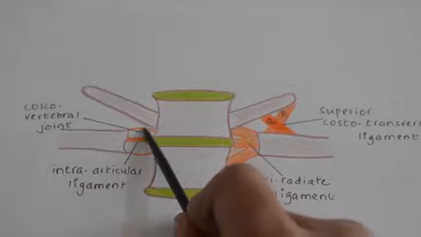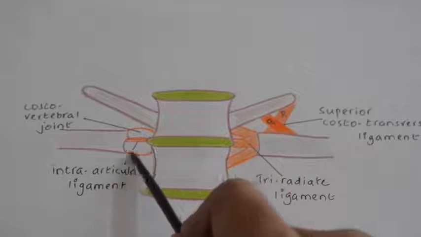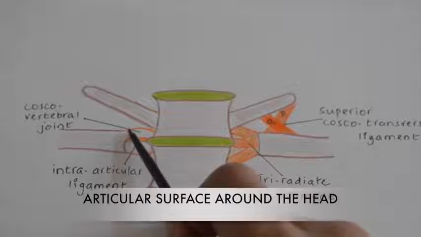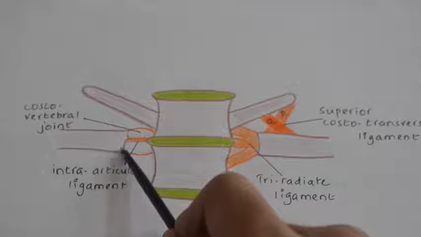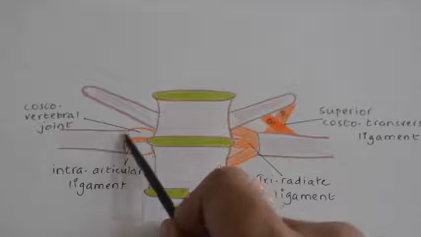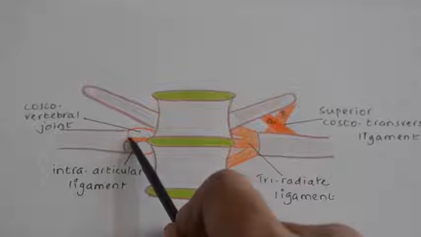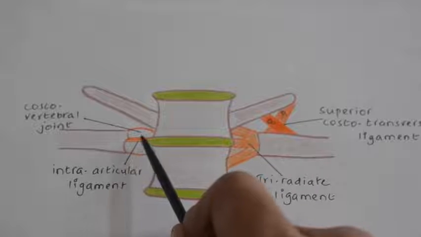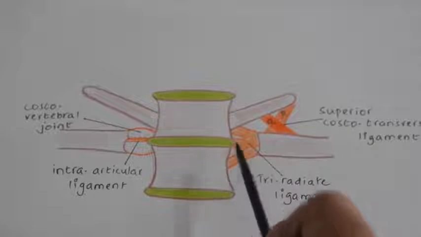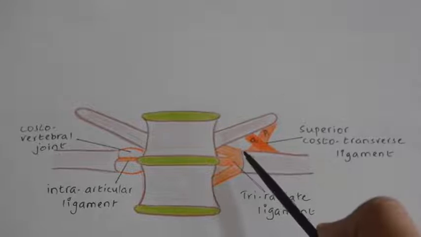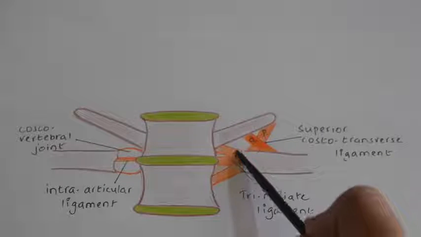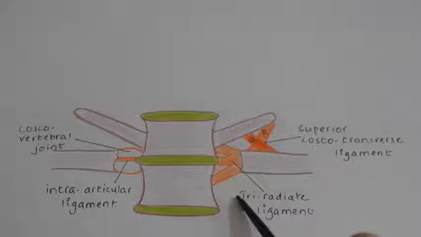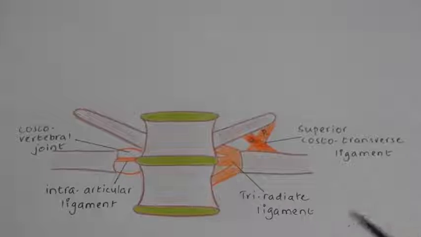Now the upper and lower articular surfaces, as we have discussed, provide attachment to the joint capsule all around, and the crest provides attachment to this intra-articular ligament, which is nothing but the middle band of the triradiate ligament. Now in lower ribs, this anterior aspect of the head is related to the sympathetic trunk. So this is regarding the head.